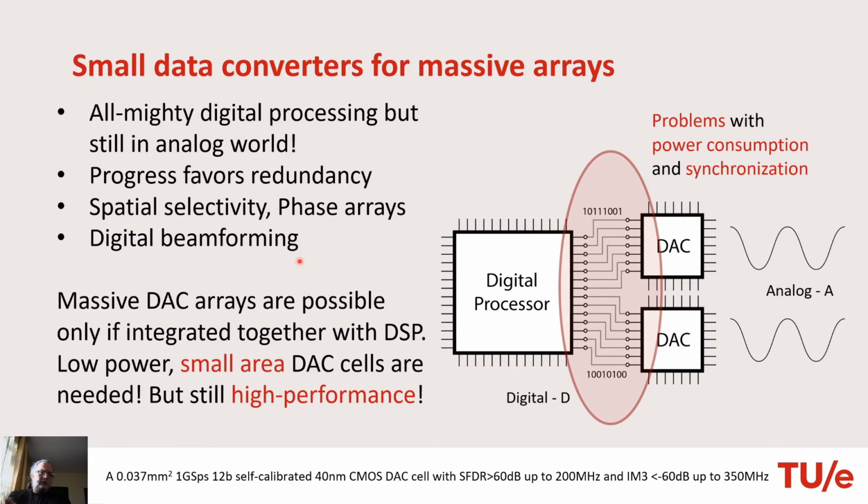And to go to digital beamforming means that from digital to antenna, this should be replicated in separate channels, which means that you have to use digital to analog conversion per antenna. And we are talking about 16 to 256 D2A converters in parallel.